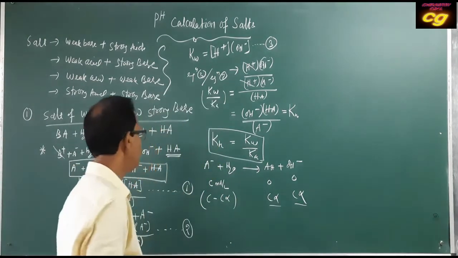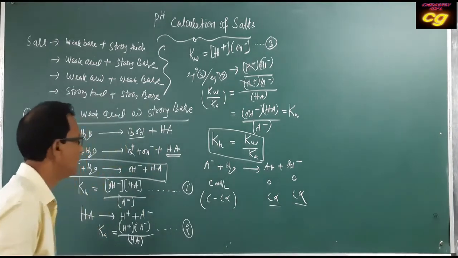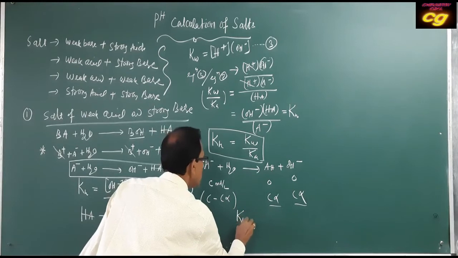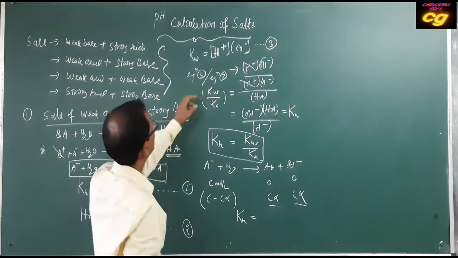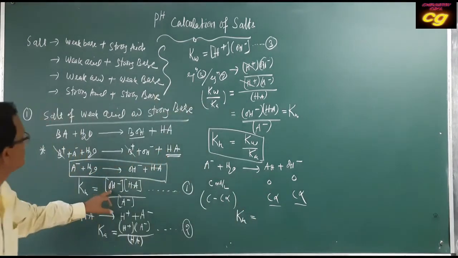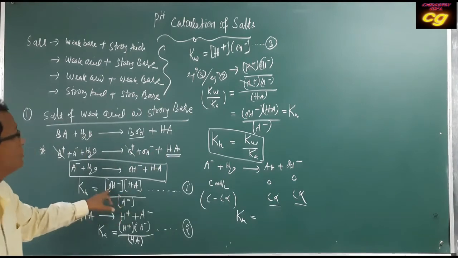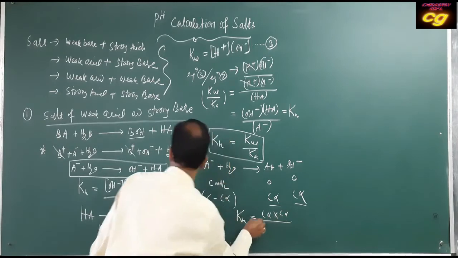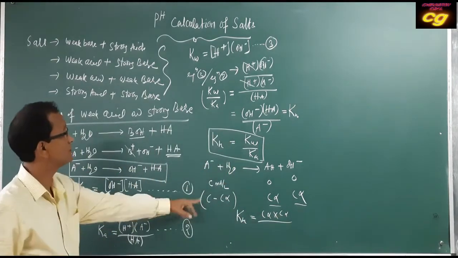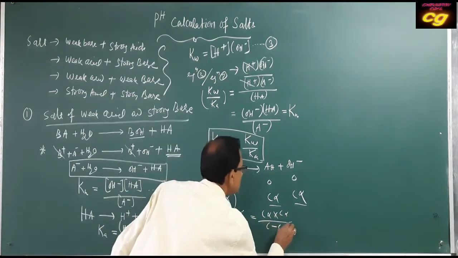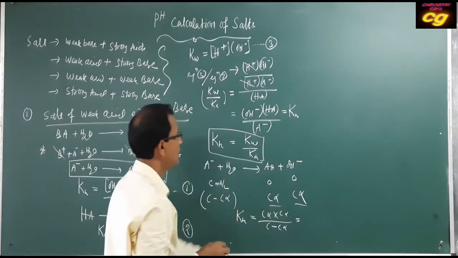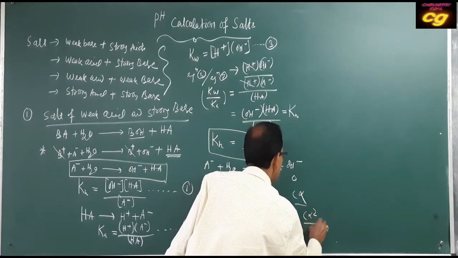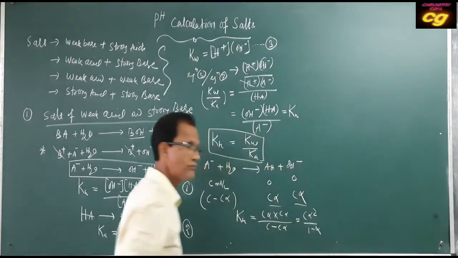Then using this equation, Kh is equal to [OH-][HA] by [A-]. OH minus is C alpha, so C alpha into C alpha upon A minus, which is C minus C alpha. This equals C alpha square by 1 minus alpha.